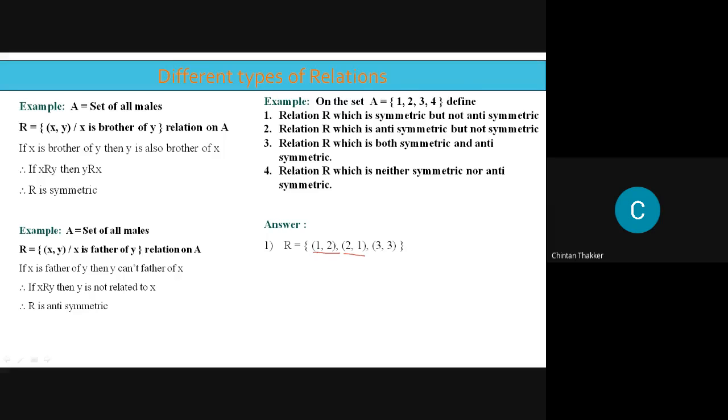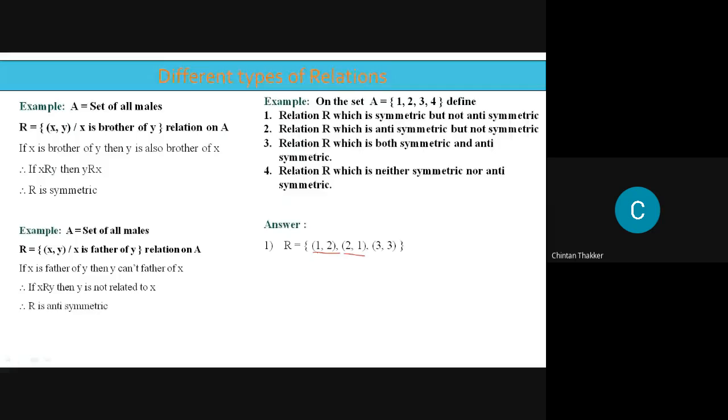Other? You can take 1, 4, 4, 1, only two elements.